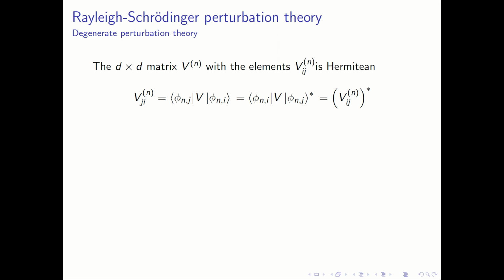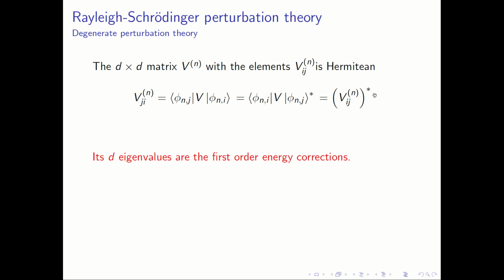Which completes the proof that Vn, this d by d matrix, is Hermitian. And one great thing about a Hermitian matrix is this: a d by d Hermitian matrix always has d real eigenvalues, and it always has d linearly independent, orthonormalized eigenvectors.